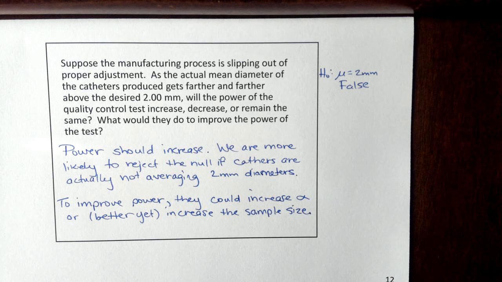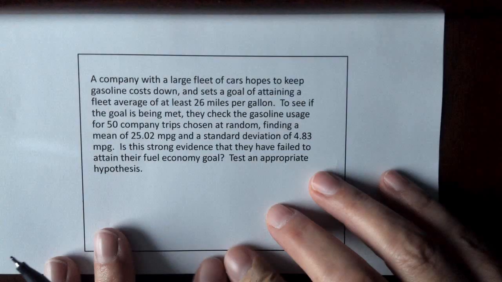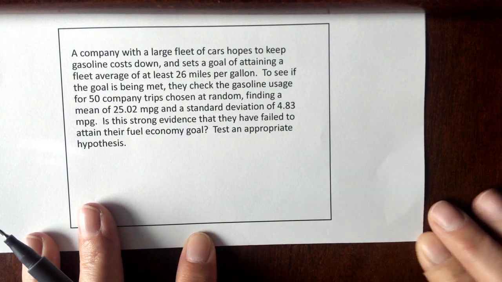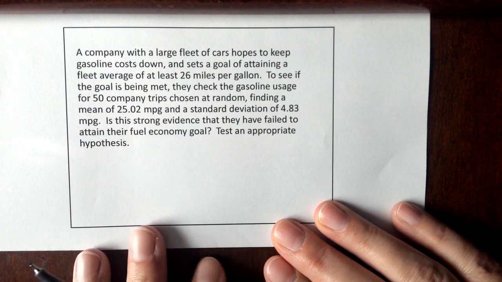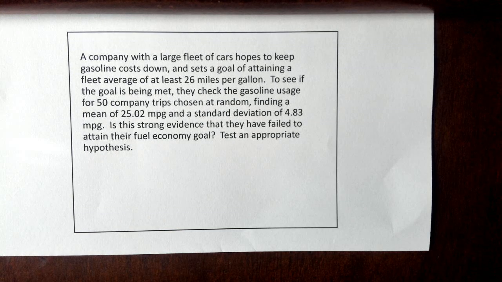Okay, so now that we've had a chance to refresh all of those things concerning power of the test and errors that are associated with tests, now let's actually do a test. One test. So let's talk cars this time. Company with a large fleet of cars hopes to keep gasoline costs down and sets a goal of attaining a fleet average of at least 26 miles per gallon.